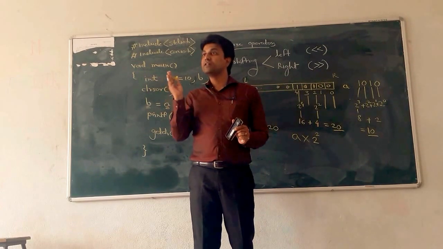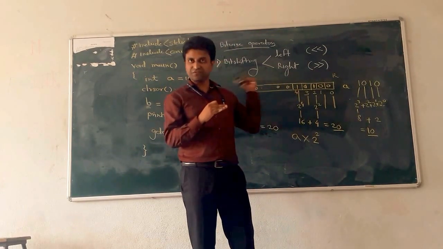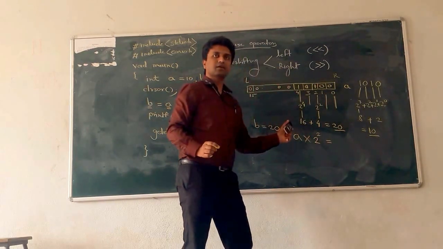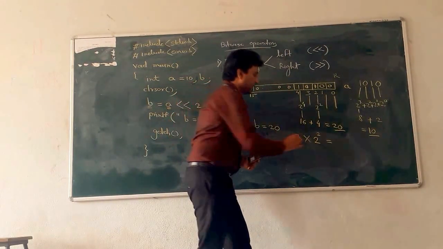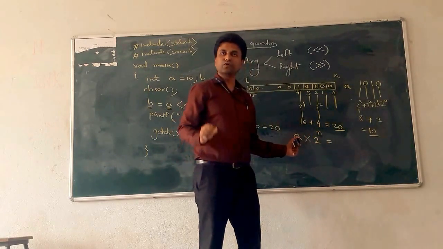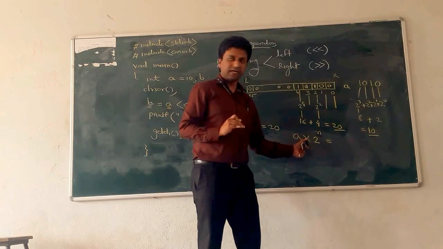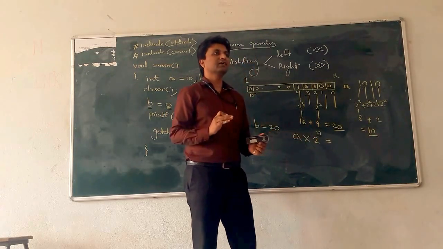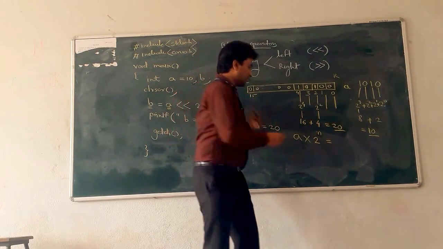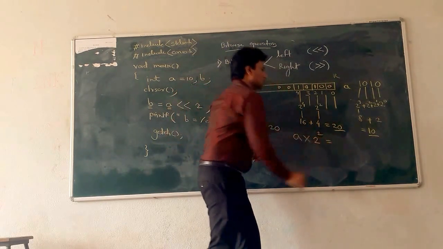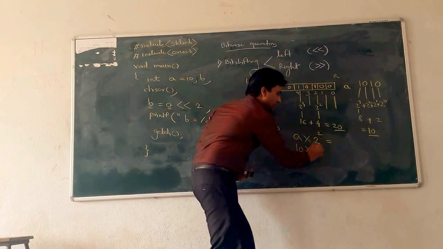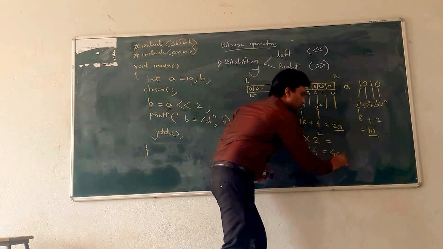This is the general formula: a, that is the number which you want to shift to the left, multiplied by 2 raised to n, where n is the number of bits shifting to the left hand side. So here 2 bits shifting, so it is a into 2 raised to 2. a is already given as 10, into 4, so it is 40.